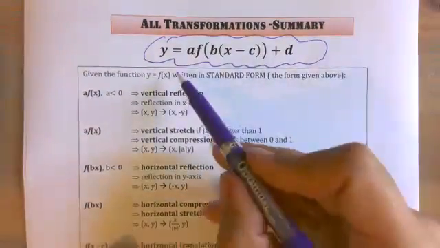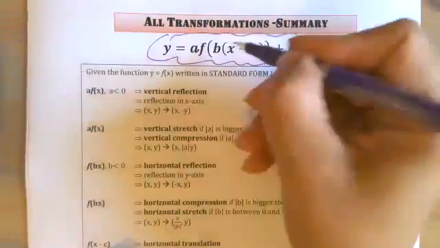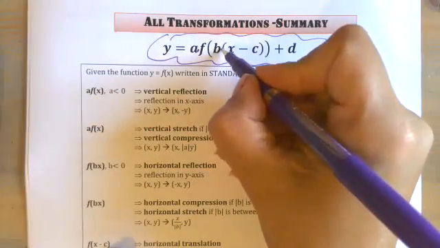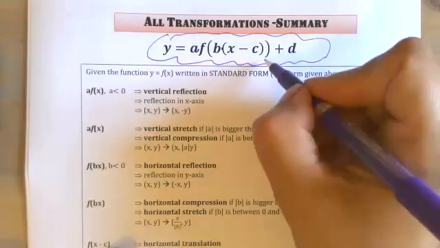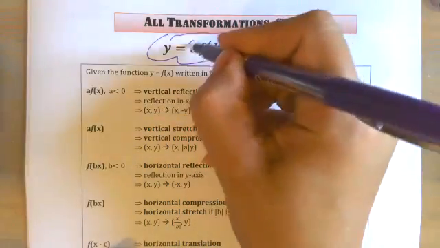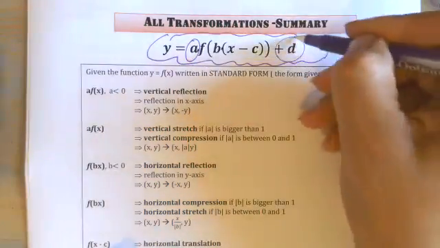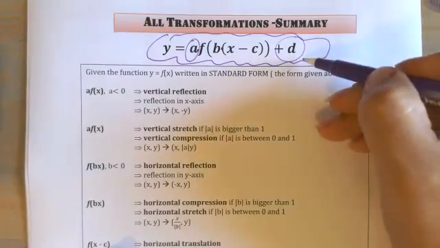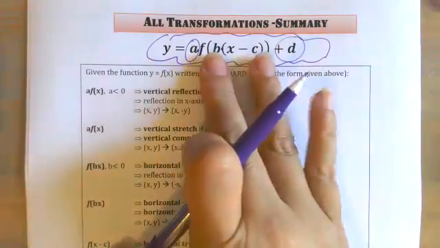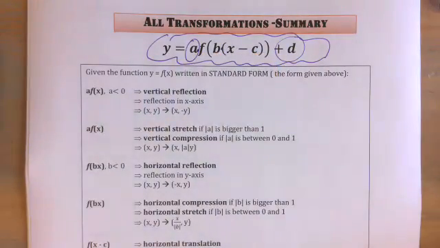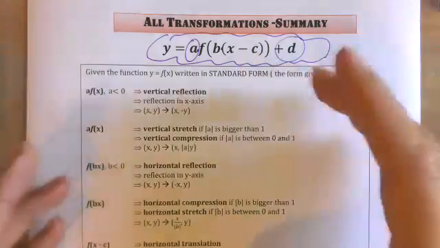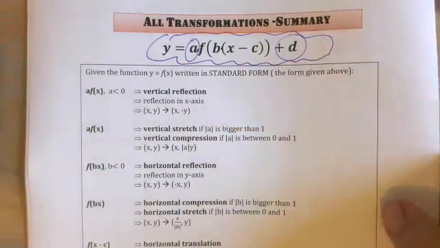Okay, so y equals a times f of b times bracket x minus c close brackets plus d. Parameters a and d belong to vertical transformations. Parameters b and c belong to horizontal transformations. And you have a summary here of all the transformations we have talked about.